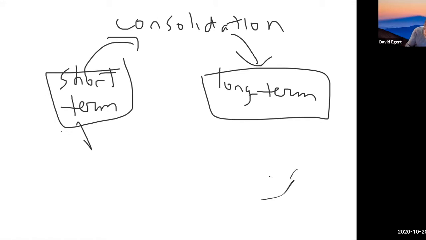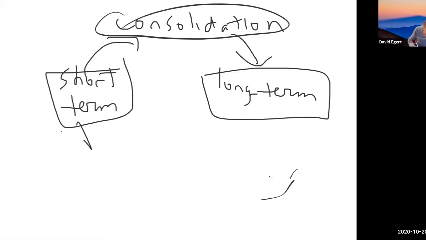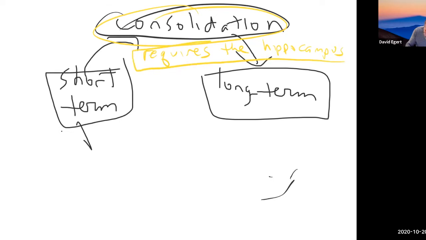Okay, consolidation. This consolidation requires the hippocampus. The hippocampus does lots of things, and I'm not going to get into it. It's a very highly studied part of the brain.